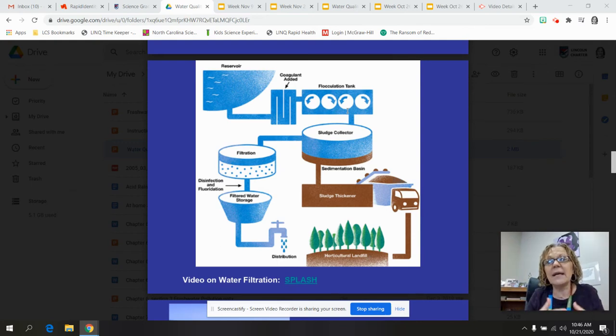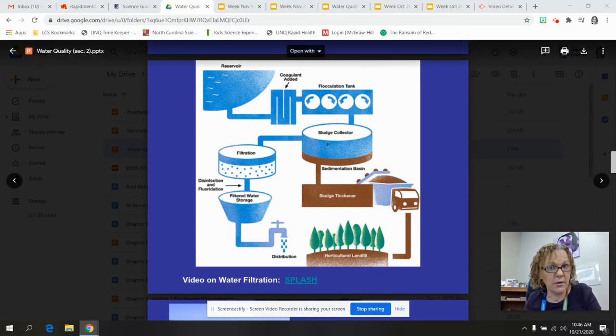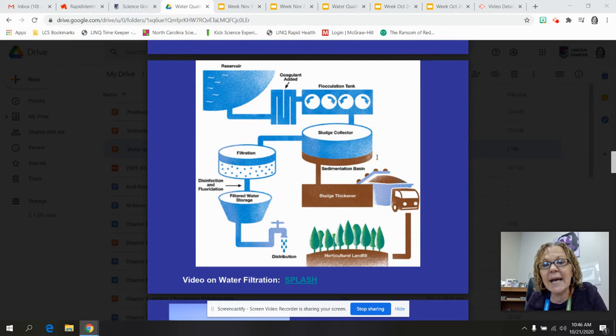Because if it does, then it increases the density of the bacteria. And then what happens is, remember, we've talked about density. The higher the density is, the more it will sink in the water. And then that's what happens in that sludge collector, okay? This sediment at the bottom is all of the bacteria and the coagulant that stuck together and settled.